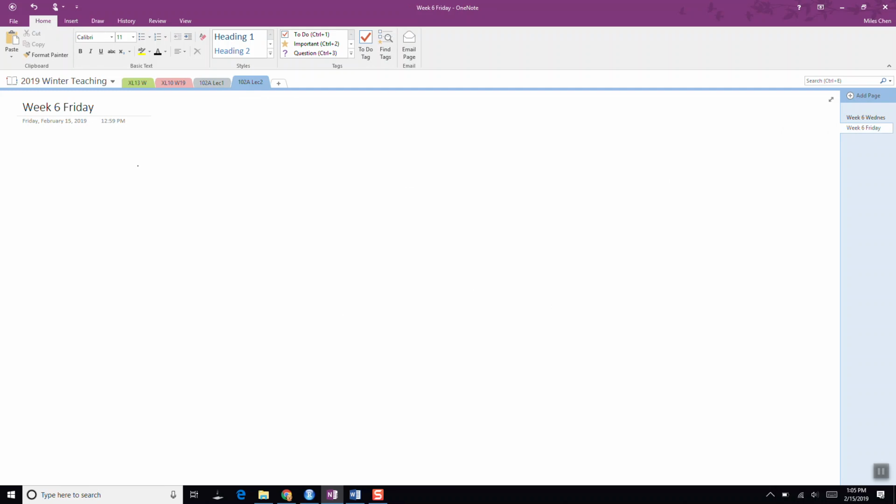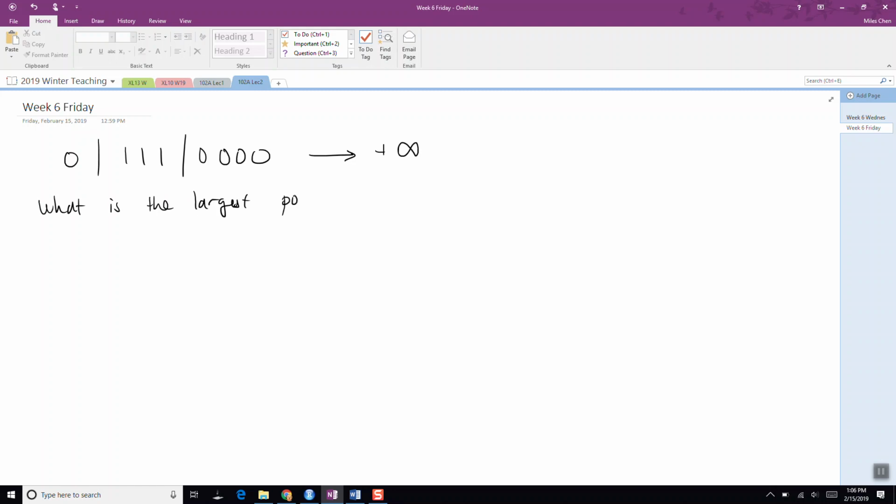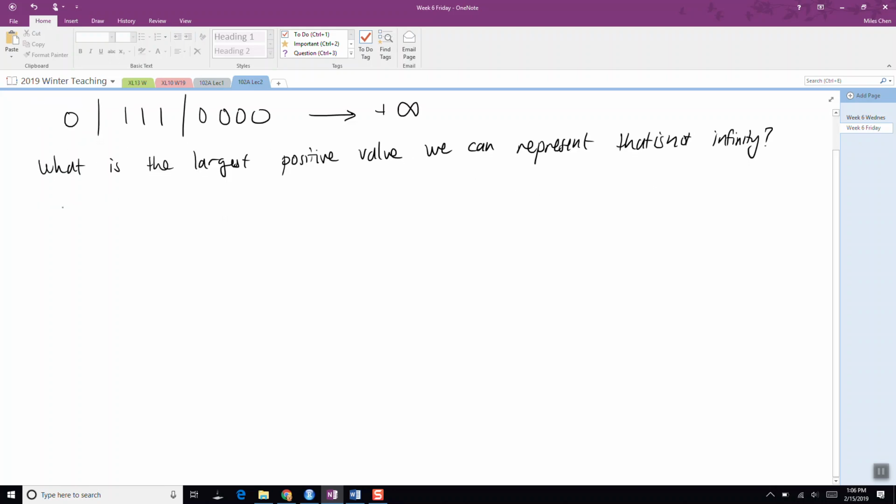Earlier we said 0, 1, 1, 1, 0, 0, 0, 0 corresponds to positive infinity, all right? So I could ask, what is the largest positive value we can represent that is not infinity?